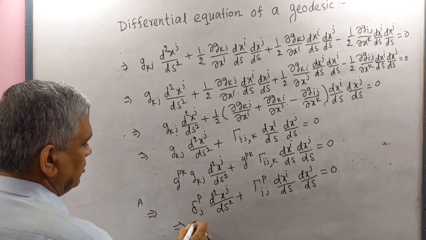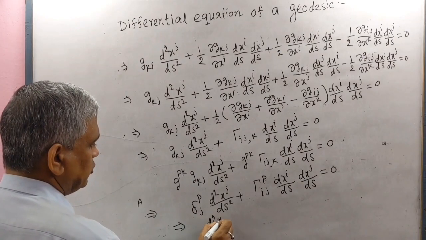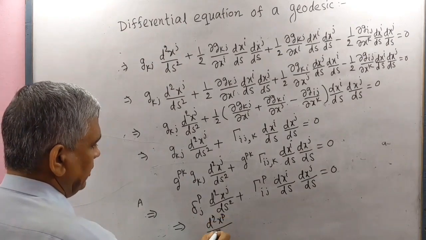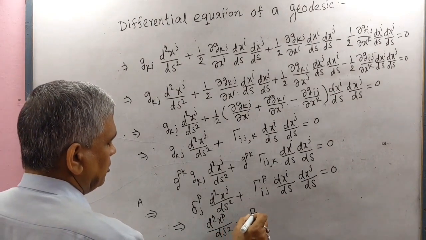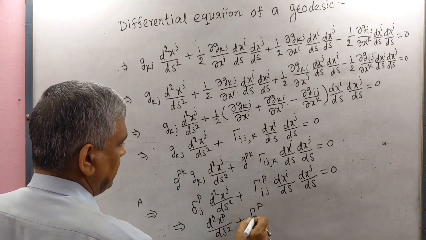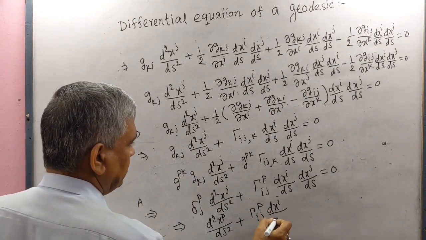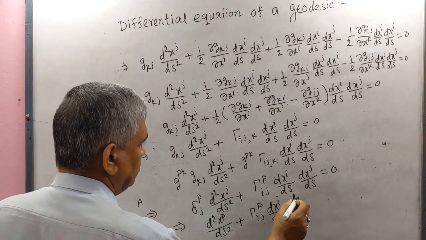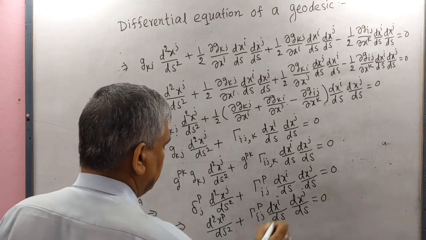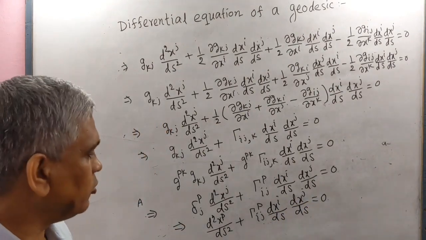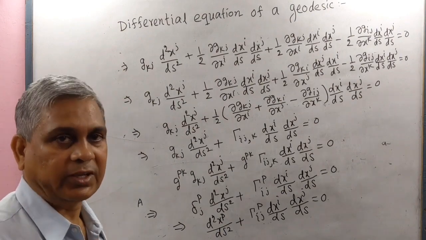Implies that this is 1 d2xp by ds square plus Christoffel symbol of second kind ij dxi by ds dxj by ds equal to 0, which is the required differential equation of a geodesic.